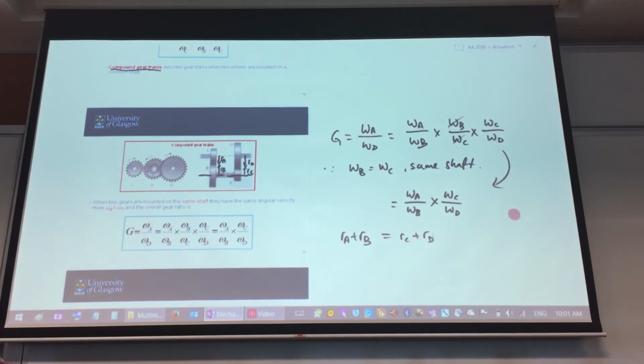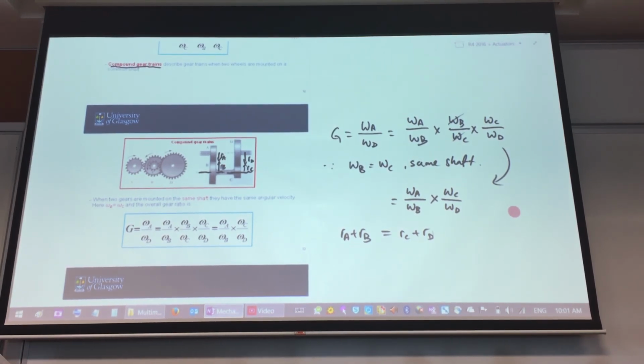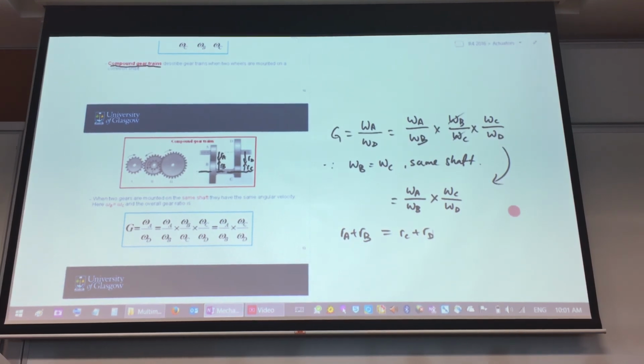So if you require a lot of gear reduction, compound gear train is the one to go for, because by having this gear ratio multiplied by the other gear ratio, it gives you a pretty large G value.